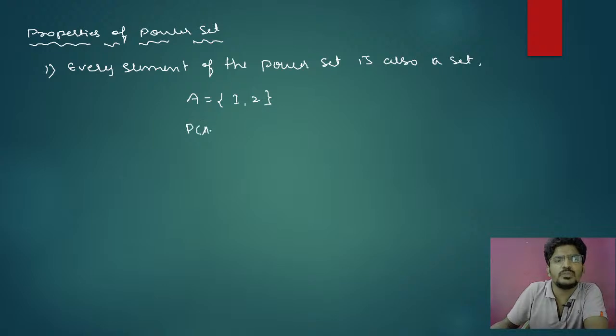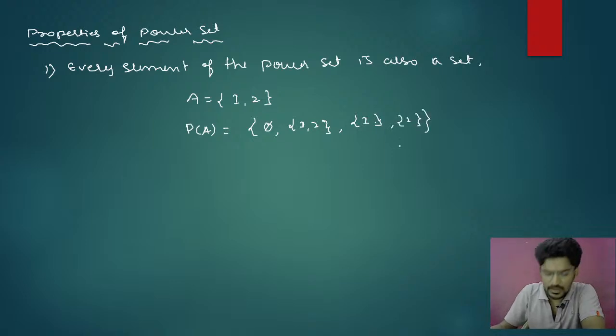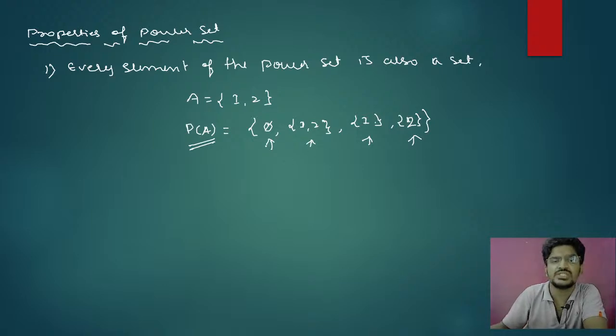Now I want to write P of A. I will write empty set, {1, 2}, {1}, and {2}. Clear? Now just see every element of P of A. This is the empty set. This is the set itself. This is the singleton set {1}. This is also the singleton set {2}. That means each and every element of a power set is again a set. You have to remember this.